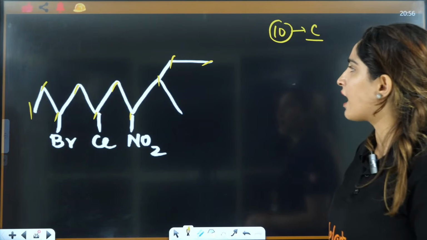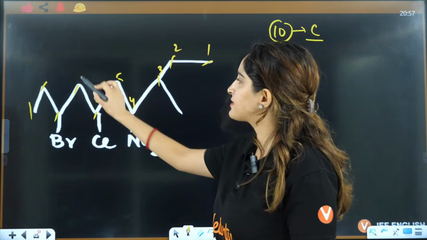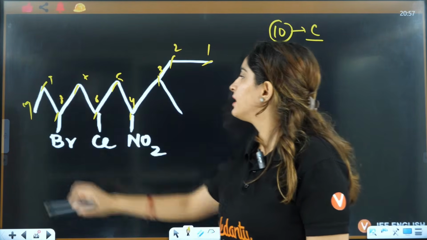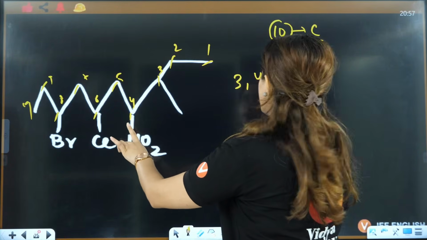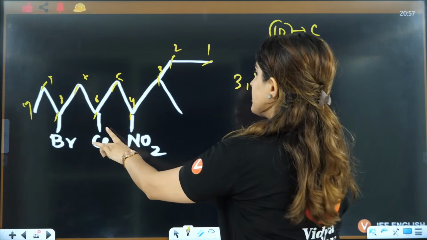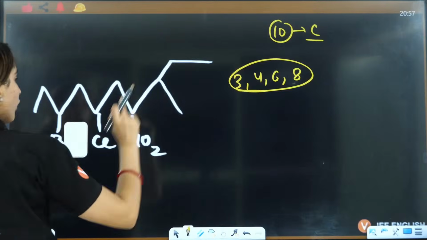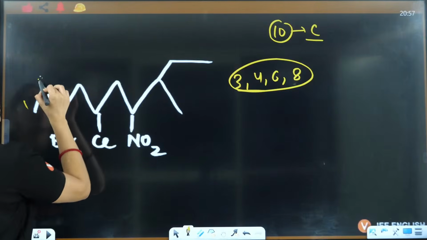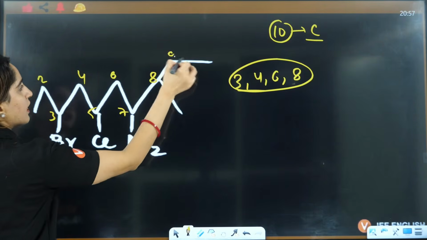But where should I start? If I start from here, it will be 1, 2, 3, 4, 5, 6, 7, 8, 9, 10. Here you have 3rd, 4th, then you have 6th, then 8th as substituents. Alphabetical order we will see in the end, right? Numbering again, 1 to 10.